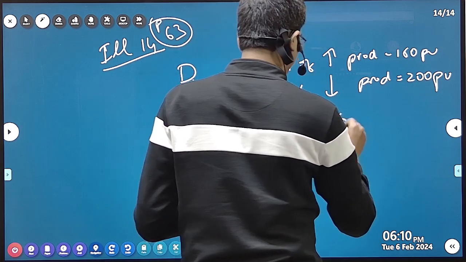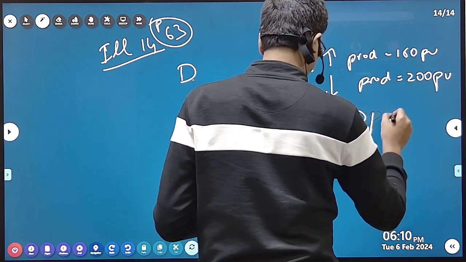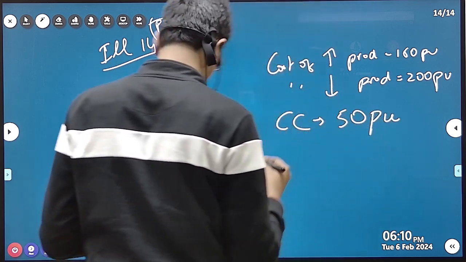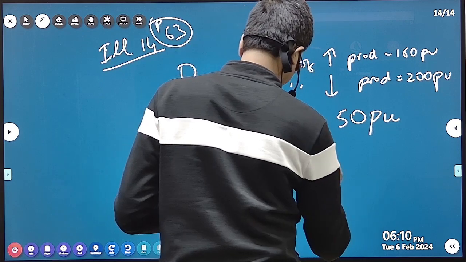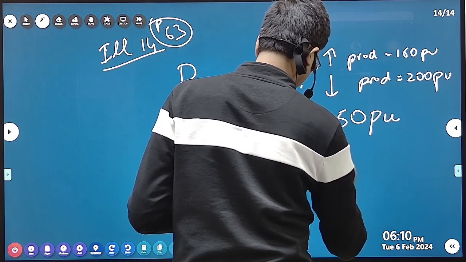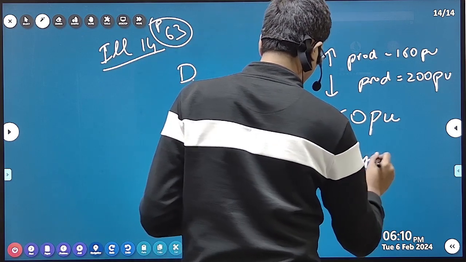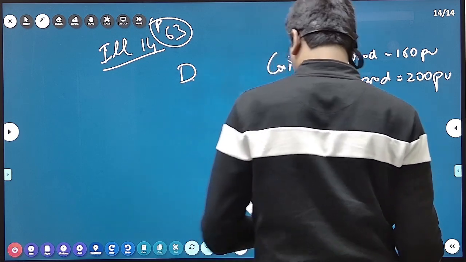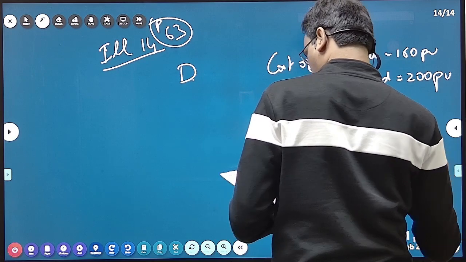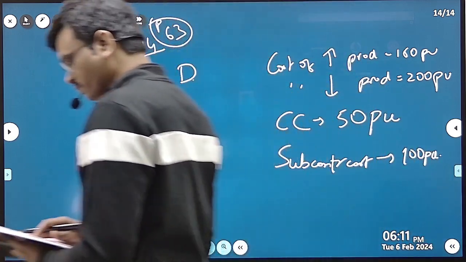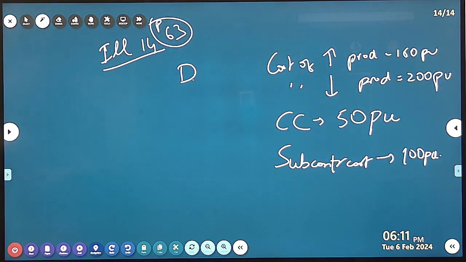Carrying cost is 50 per unit, and subcontracting cost. Okay, this is given as 100 per unit. Right. He has now asked us to compare the cost of the pure strategies.